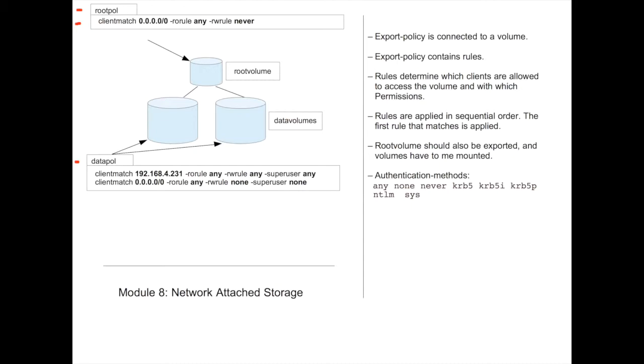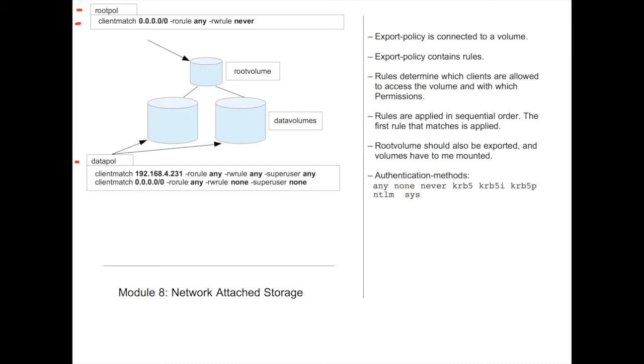This means that if, for example, VMware, who wants to write as a superuser, as root, its VMDKs and its virtual machines to your data store, then it will try to do that as root. And if superuser is not opened up for VMware, then VMware will not be treated as root, which means that it will not be allowed to write.